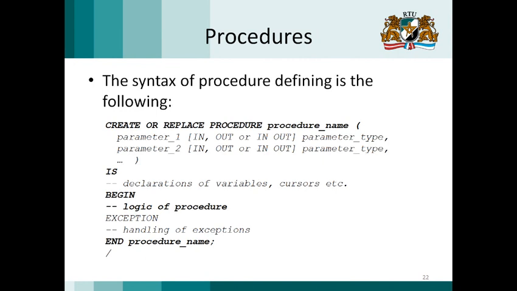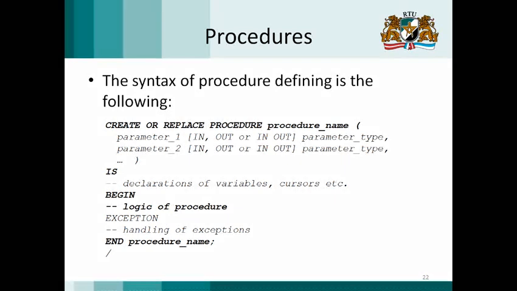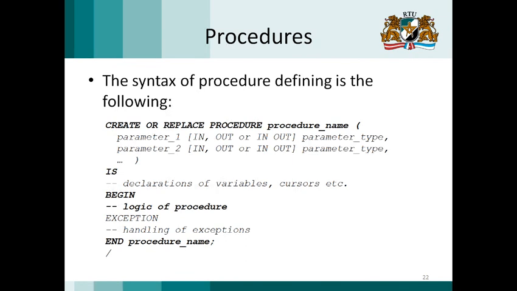Yeah, it should be in brackets. Well, we have a parameter list here. These are these brackets. If we had more parameters, then there would be a comma and the next parameter, and only after all this list there will be the end of the brackets. They must always be put in these brackets.